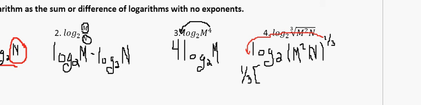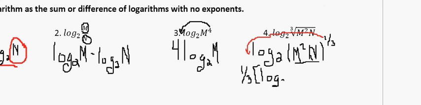Now, taking a minute to look at this argument, I'm going to apply 2 properties at once to save ourselves a little bit of time. Do you see how the m squared and the n are multiplied? Okay, remember, multiplication means addition here. So I'm going to separate these into 2 logarithms.